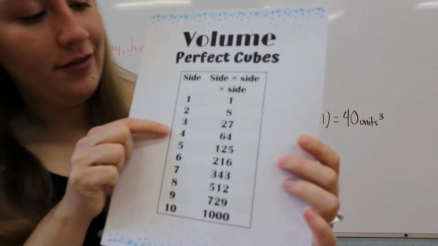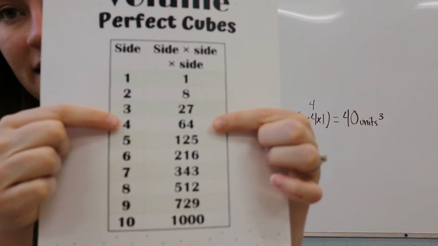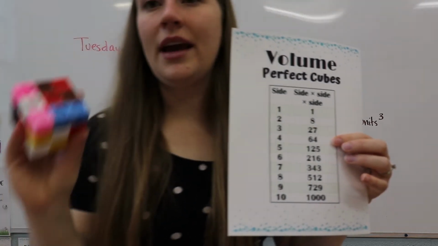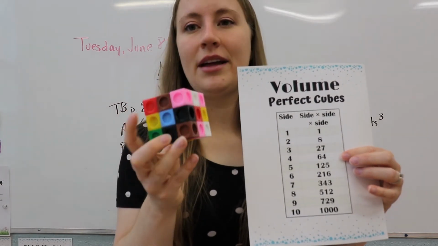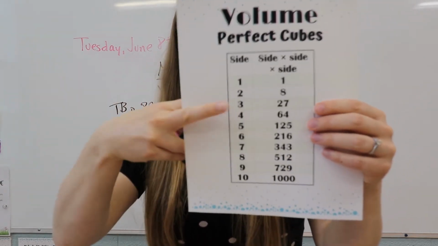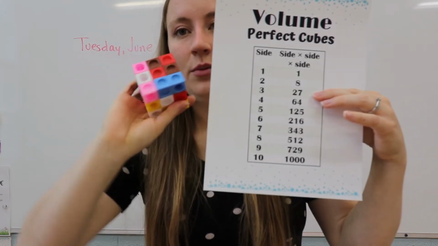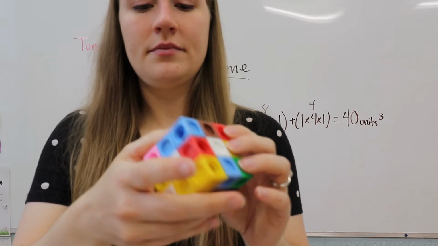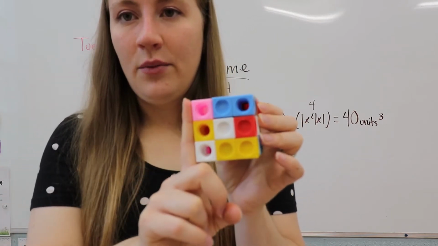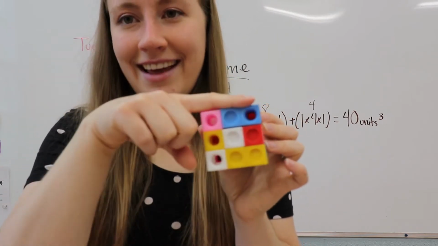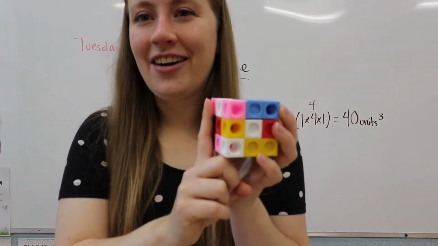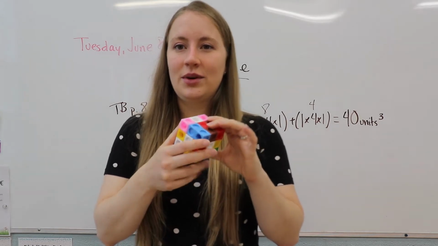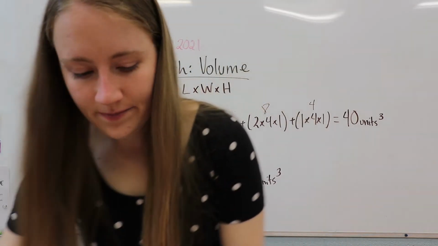And so you can see here for 4, we have it listed already that it's 64, okay? So say you were told to make all the sides 3, so 3 by 3 by 3. That puts our volume of this cube at 27, okay? So you see I have my length and width and height are all 3, okay? And so this is my cube, and it has 27 pieces, okay?